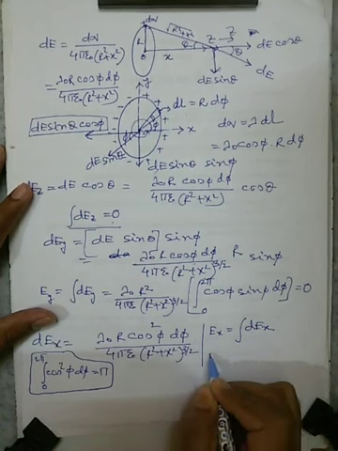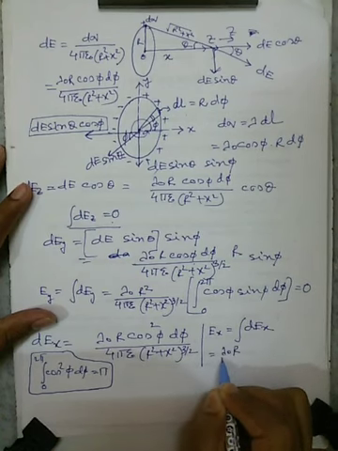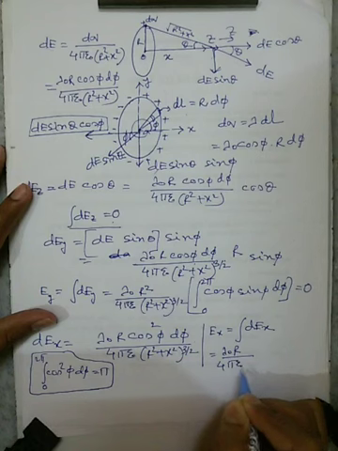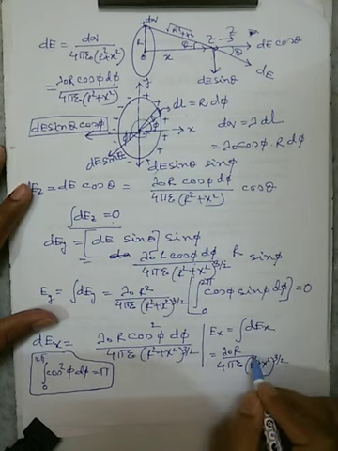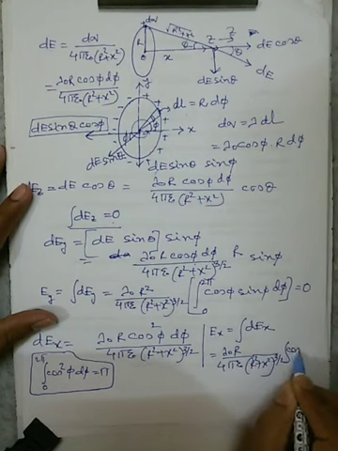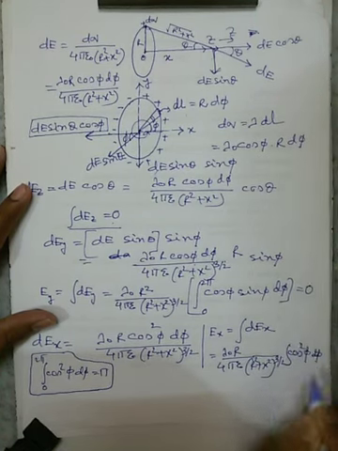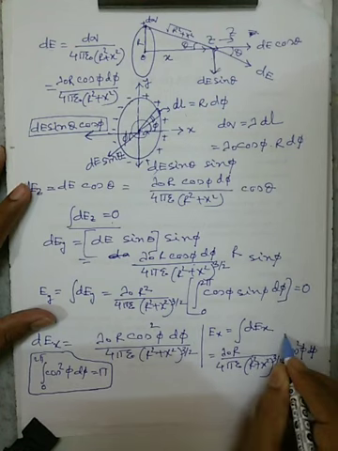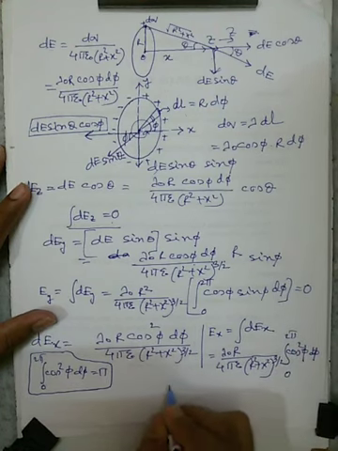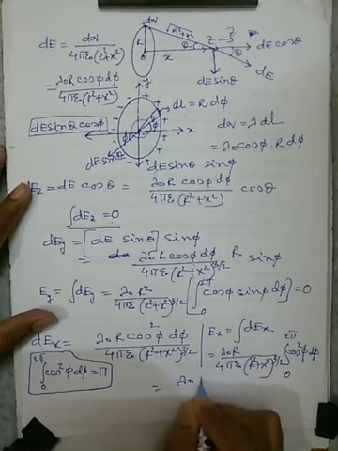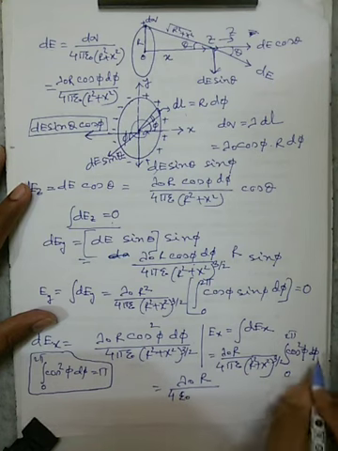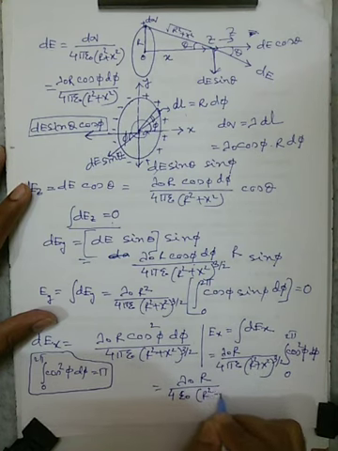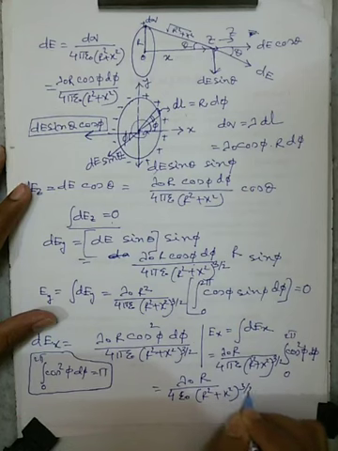Therefore this is lambda naught r by 4 pi epsilon naught (r square plus x square) to the power 3/2, times the integration of cos square phi d phi from 0 to 2 pi. This value is pi. Therefore the answer is lambda naught r divided by 4 epsilon naught, pi cancels, (r square plus x square) to the power 3/2.